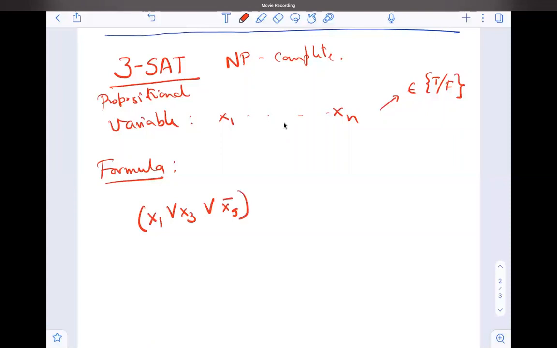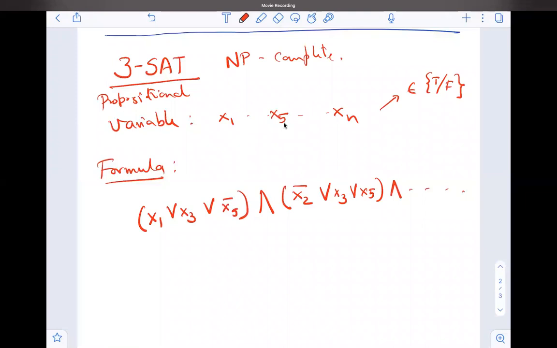Bar meaning the opposite. Are you guys familiar with this notation? Yes, sir. And then x2 bar or x3 or x5, and something. It goes on like that.